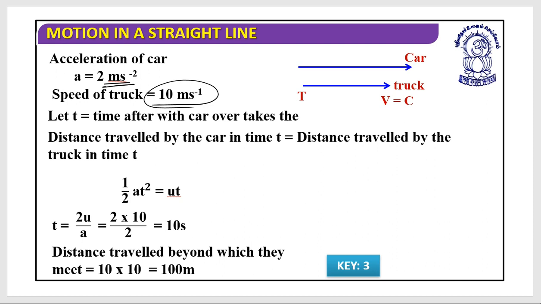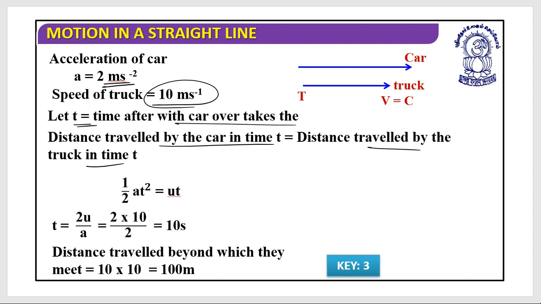Let us assume that t is the time after which the car overtakes the truck. When the car overtakes the truck, that means the distance traveled by the car in time t must be equal to the distance traveled by the truck in time t.